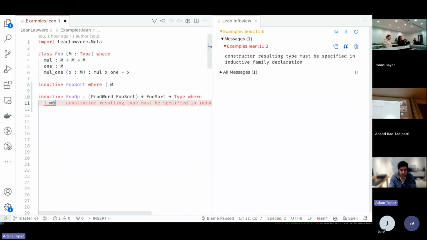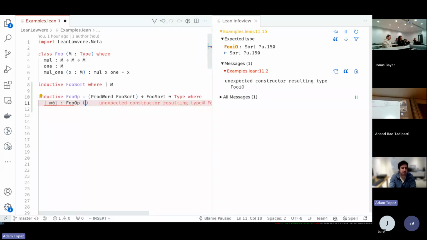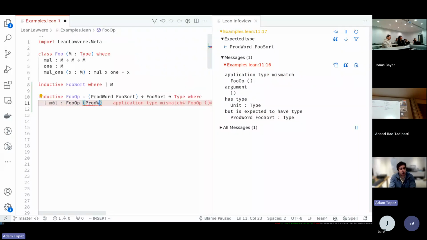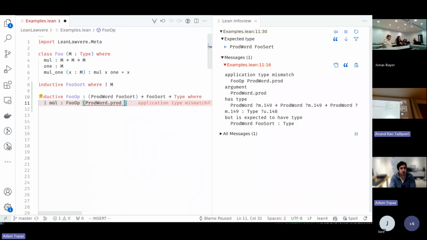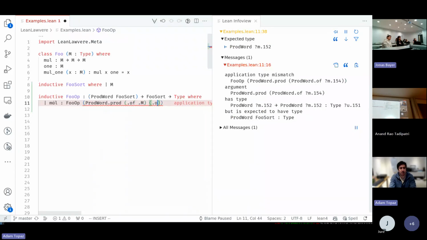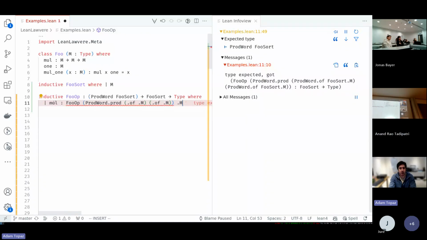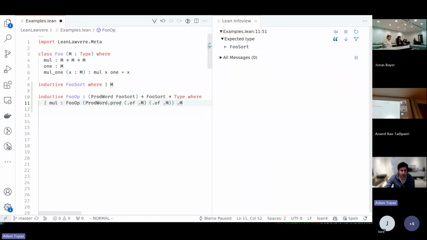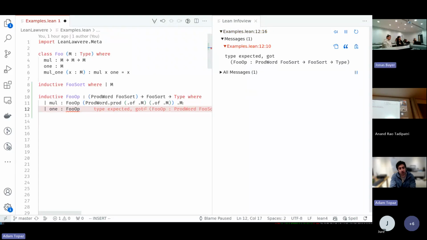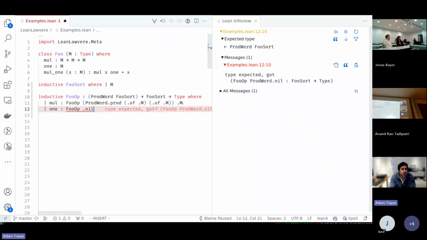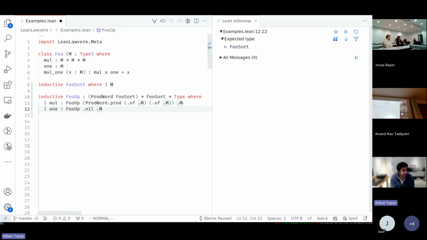Multiplication is going to be an operation from prod word of m m. In other words, I take the product of m with itself, and then I have an operation from that product to m. That should correspond to this binary operation mul. Similarly, 1 is going to be an operation from the terminal object to m, because it's a constant.